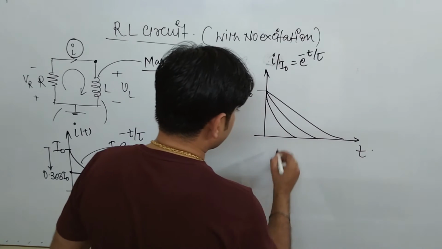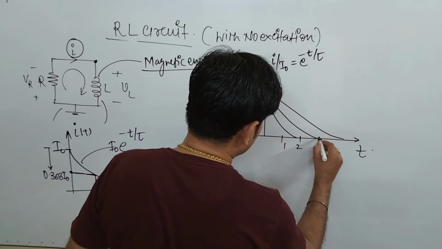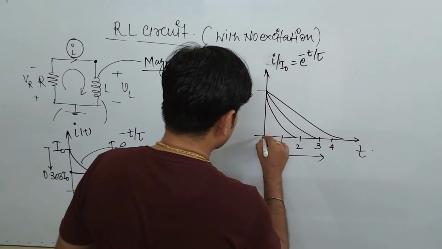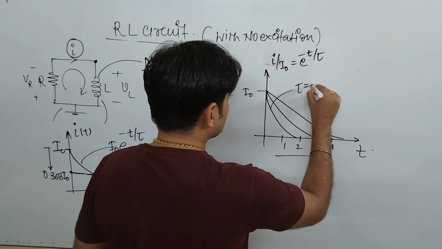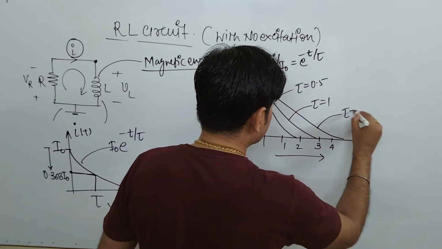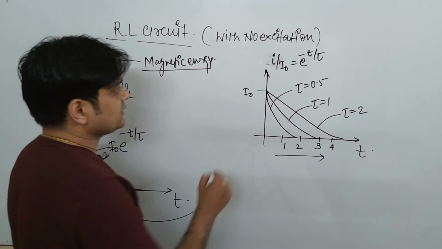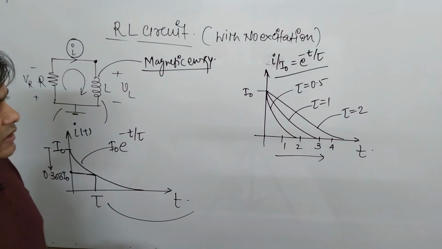This is your t, say some instants 1, 2, 3, 4, 5 like that. It is in this manner. So this is for tau equal to 0.5, this is for tau equal to 1, this is for tau equal to 2.